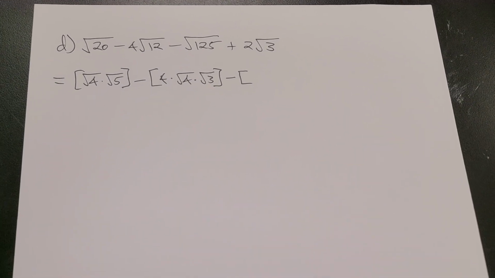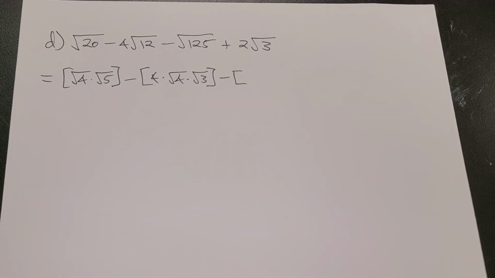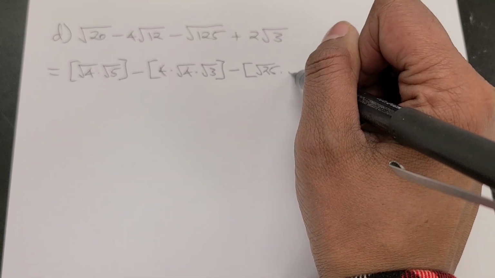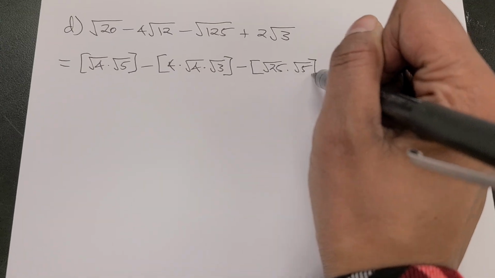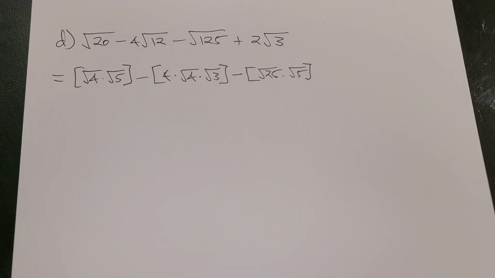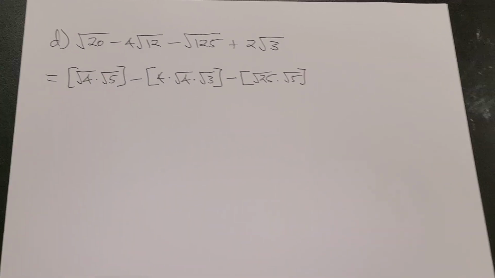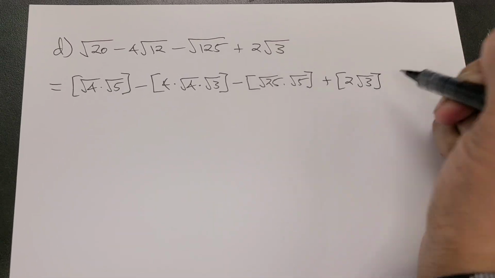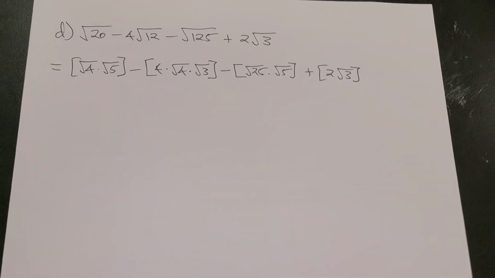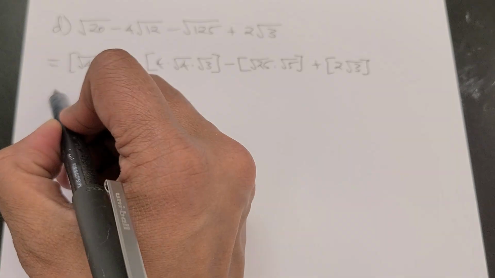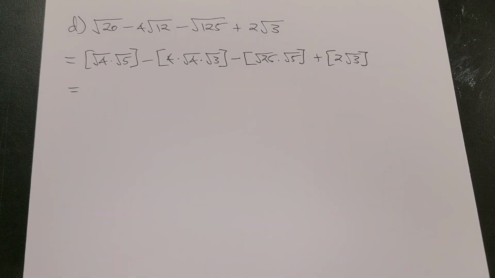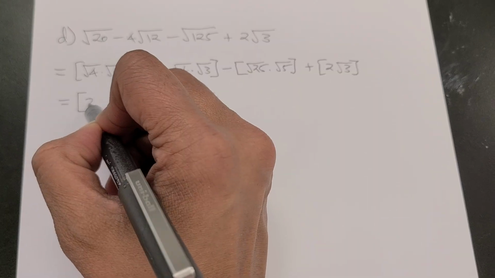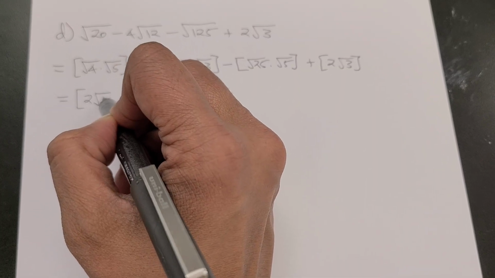125. Now I can do the greatest factor, which is square root 25 times square root 5. So 25 times 5 is 125. Plus, and we're going to keep the 2 root 3 the same. Of course I'm writing out all of these extra steps just so we're not making any mistakes. Square root of 4 is 2, so 2 root 5.